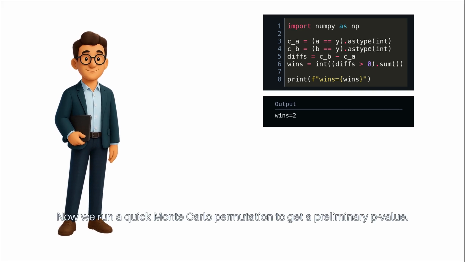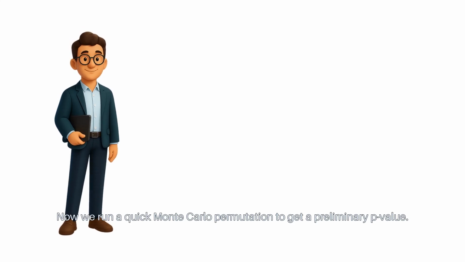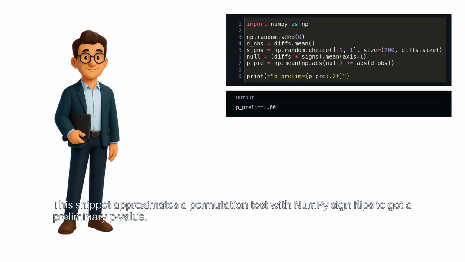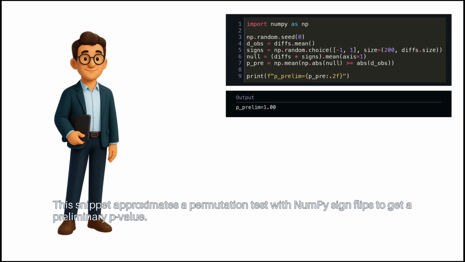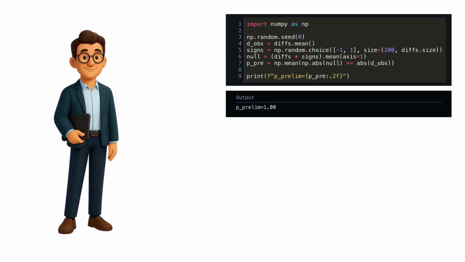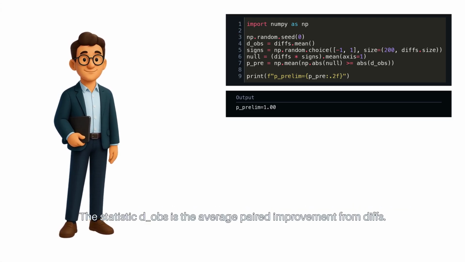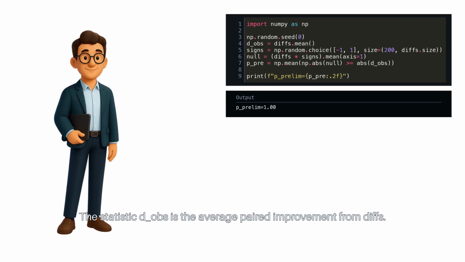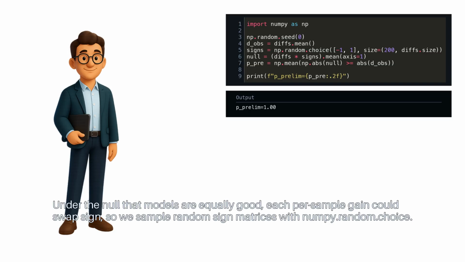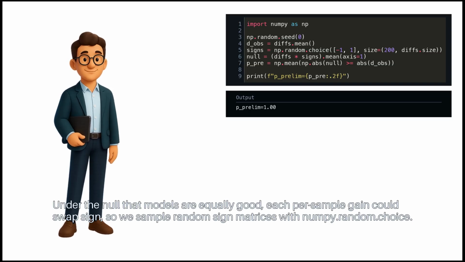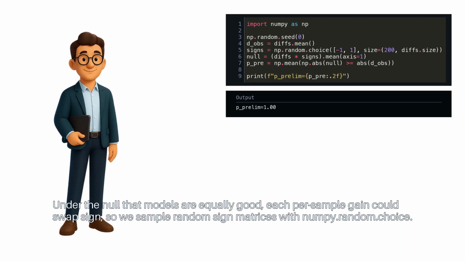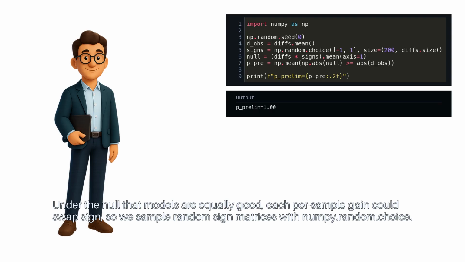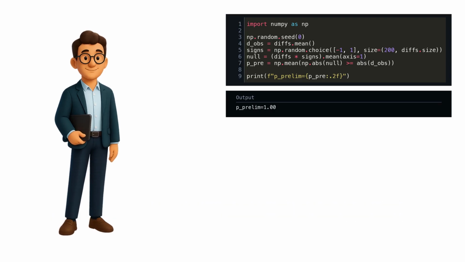Now we run a quick Monte Carlo permutation to get a preliminary p-value. This snippet approximates a permutation test with NumPy sign flips. The statistic d-obs is the average paired improvement from diffs. Under the null that models are equally good, each per sample gain could swap sign. So we sample random sign matrices with numpy.random.choice.